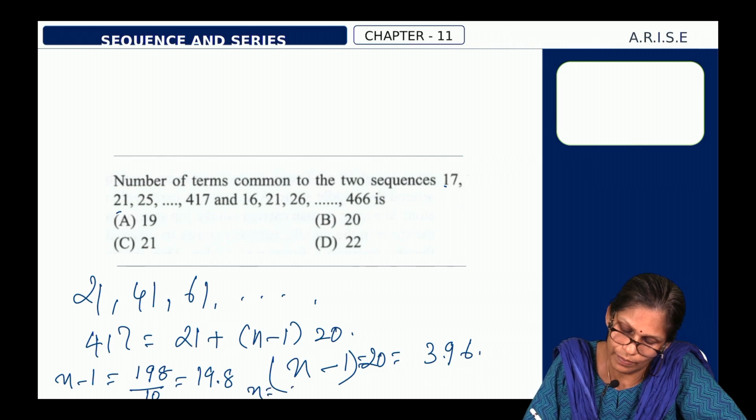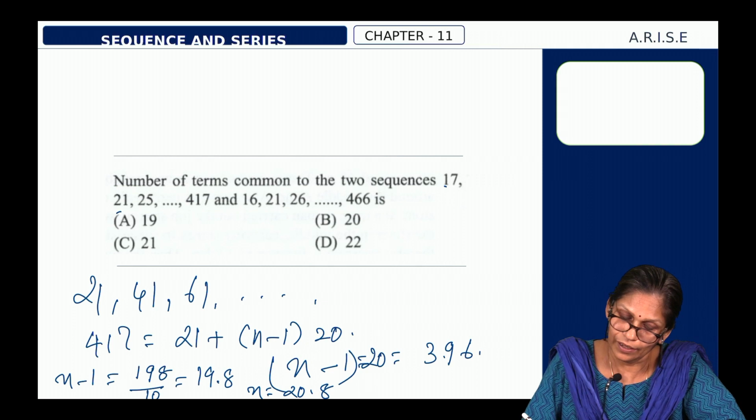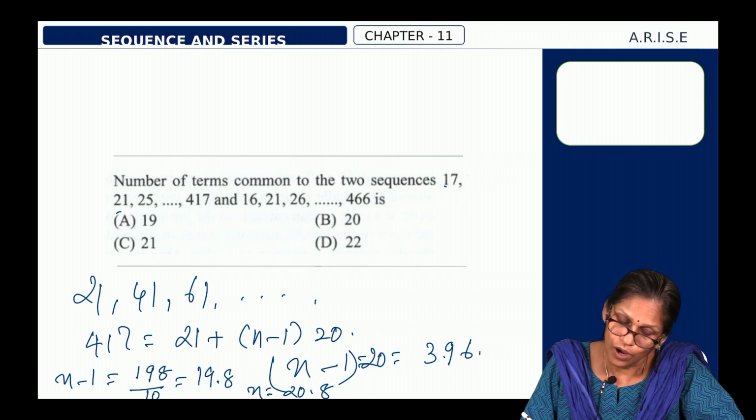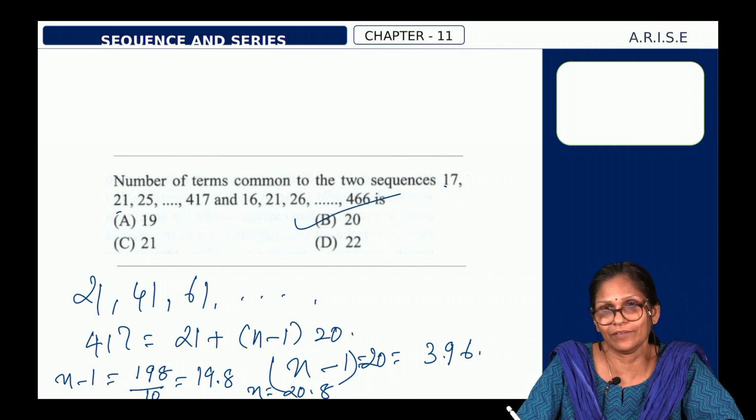So, n will be 20.8. It has to be less than that. So, how many terms are going to be common to all these? It is 20.